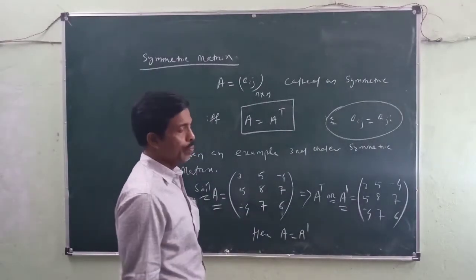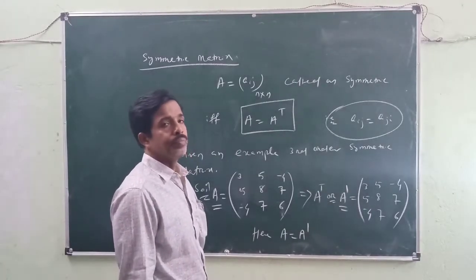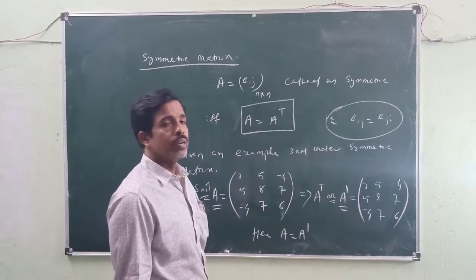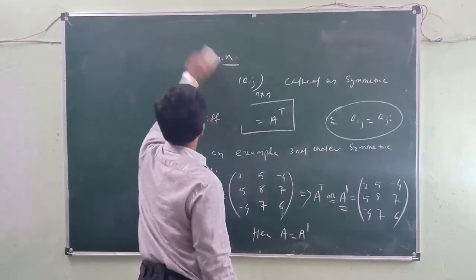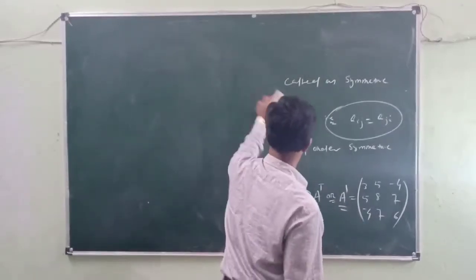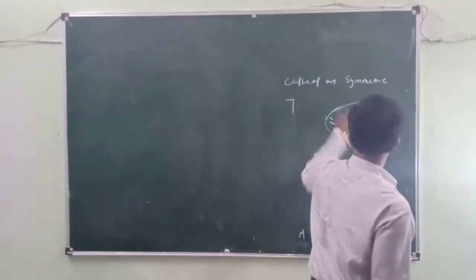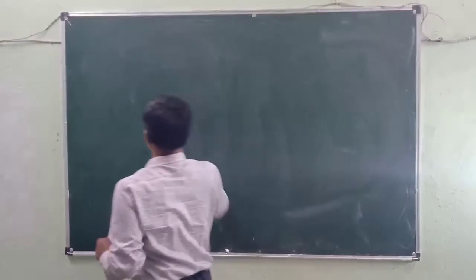Similarly, you can give an example of a symmetric matrix of any order. Okay. Then after symmetric matrix, let us find another matrix called the skew symmetric matrix.